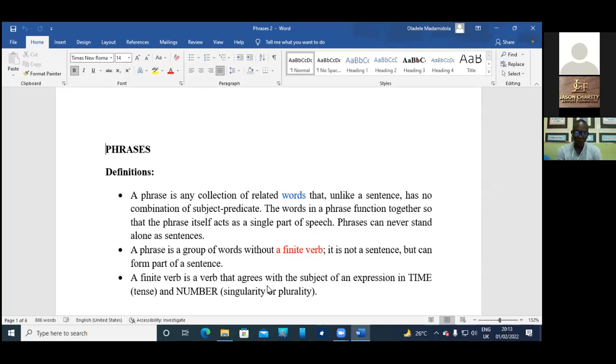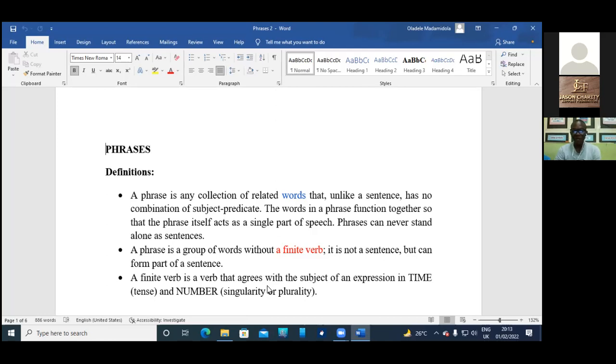So whenever you have two or more words, it becomes a group without a finite verb. Then you have a phrase. But to understand the meaning of a phrase, we need to understand what a finite verb is. And we're going to dwell a little on that.